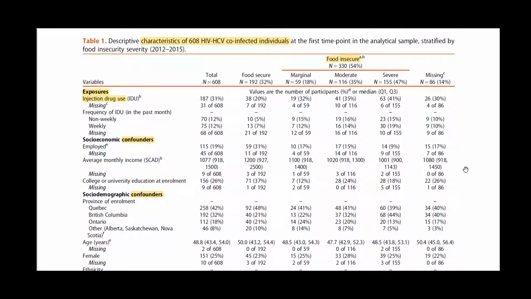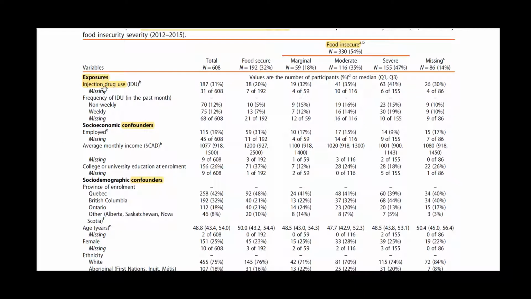Now let's walk through Table 1, descriptive characteristics of the 608 co-infected individuals at their first time point in the study sample. We have the exposure variable, injection drug use, and we break this down by our outcome variable. This is known as stratifying our counts, our occurrence of the exposure, by different levels or severities in this case of food insecurity.